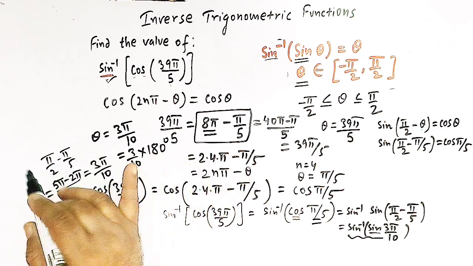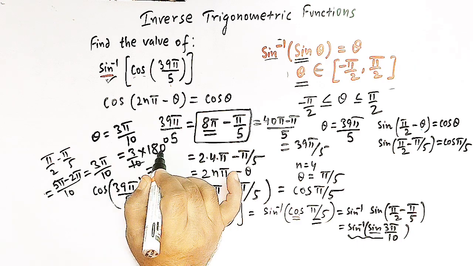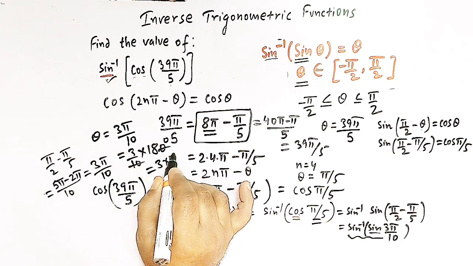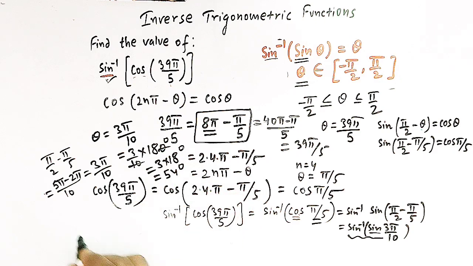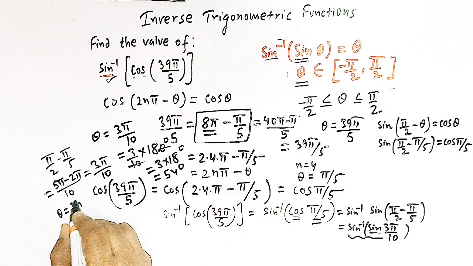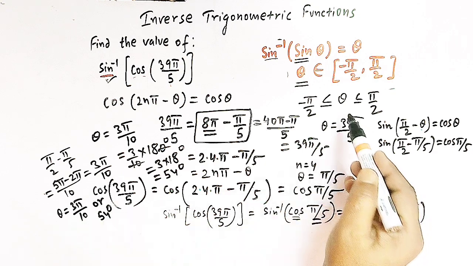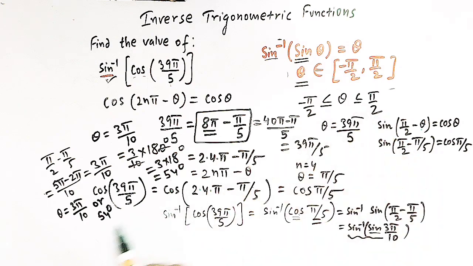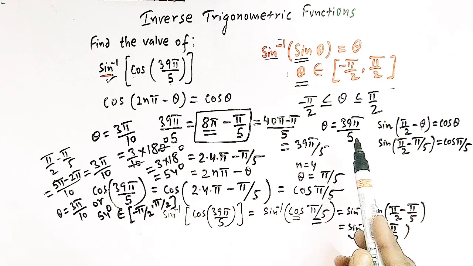So theta is 3 pi over 10, and if we write for pi as 180 degrees, because pi radians is equal to 180 degrees, here we have 3 times 18 degrees, so this is 54 degrees. So theta, that is 3 pi by 10 or 54 degrees, belongs to the interval minus pi by 2 to pi by 2, which is our required condition.